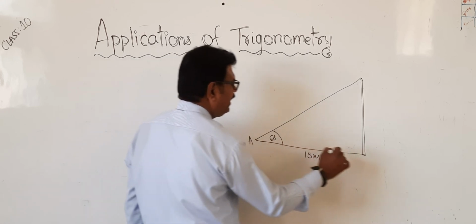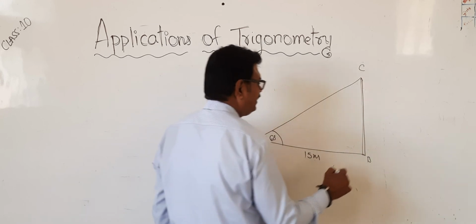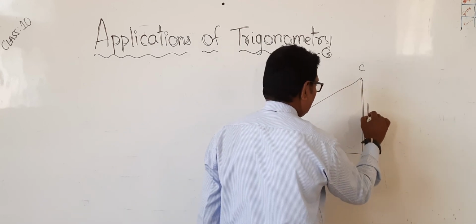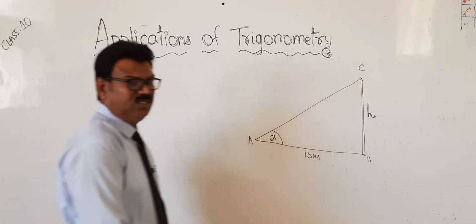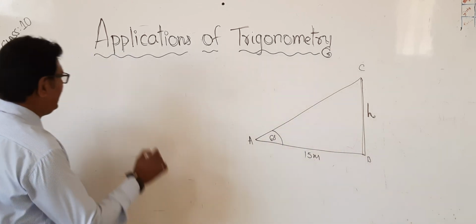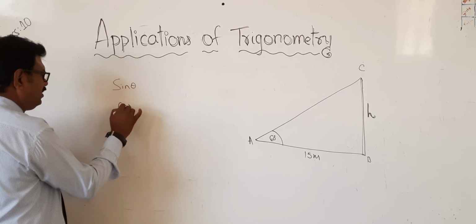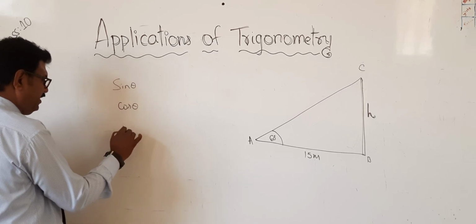So here A, B, C, find the height of the pole. Very simple. How to tackle the problem, you see. We have ratios like this: sin theta, cos theta and tan theta.